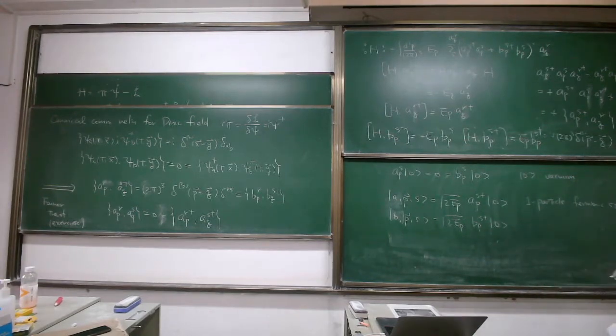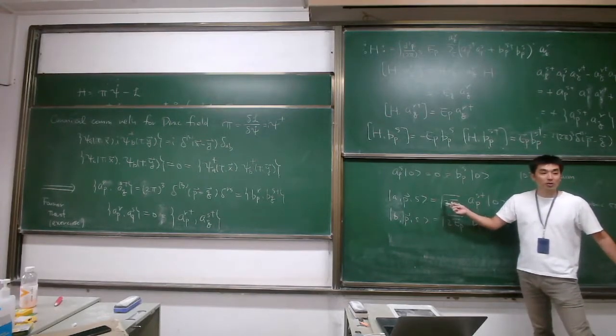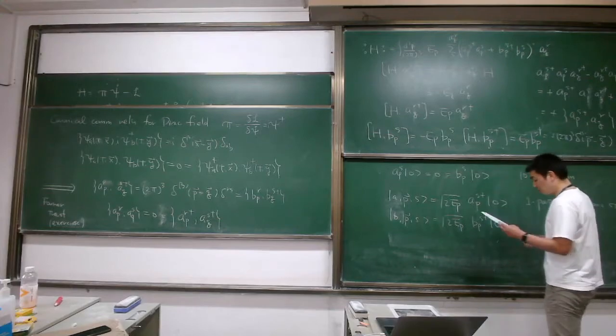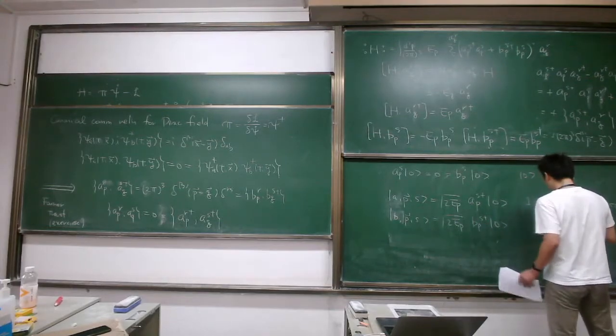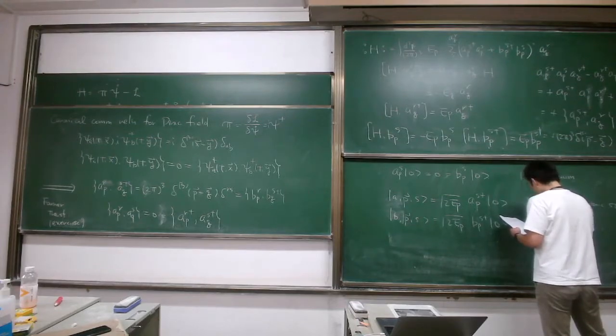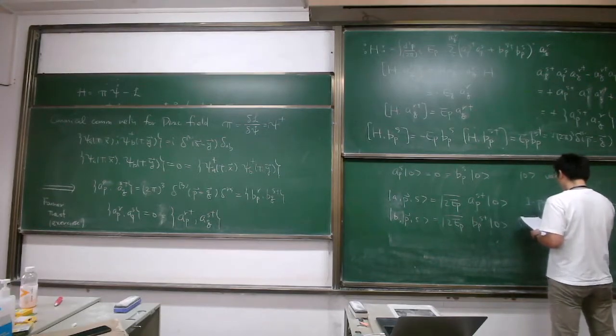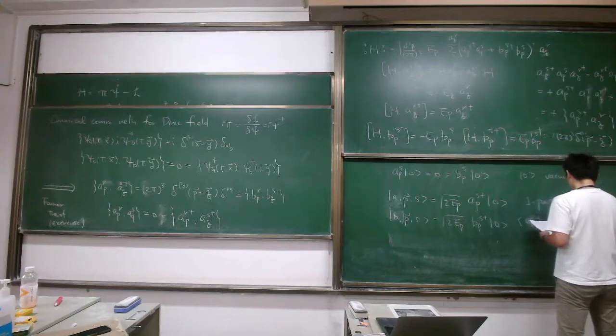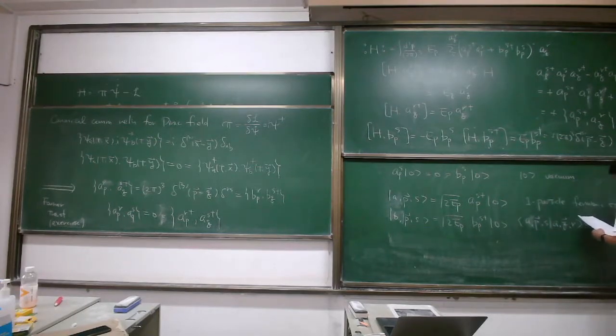That's what we are going to see, and we already knew why we put the square root of E. The reason why we put the square root of E is that here, A_P^S, A_R^S dagger is equal to 2EP delta RS, and we know that this E times delta function is Lorentz invariant.